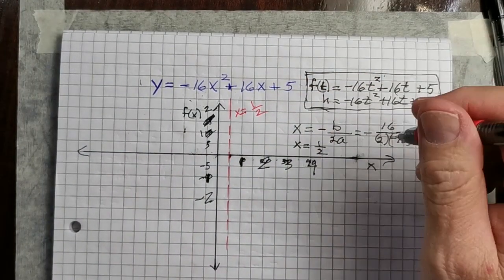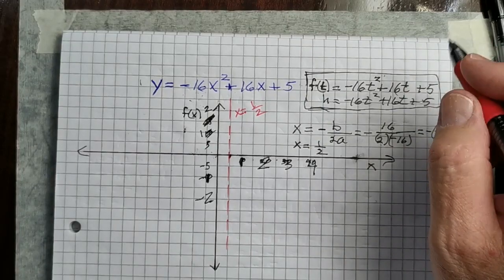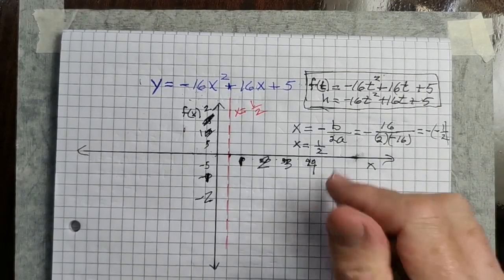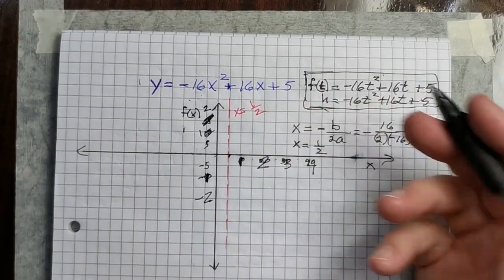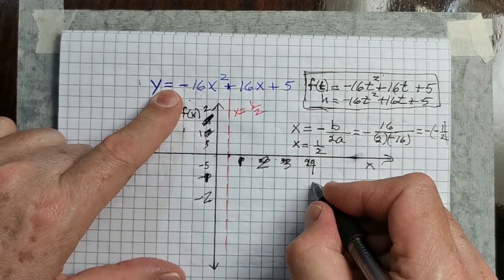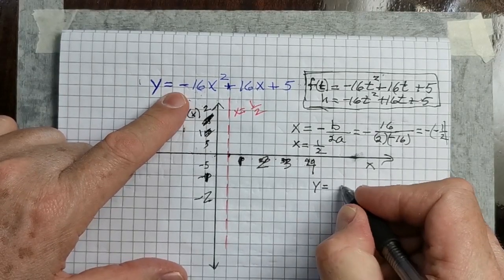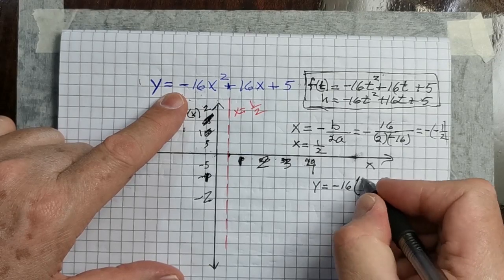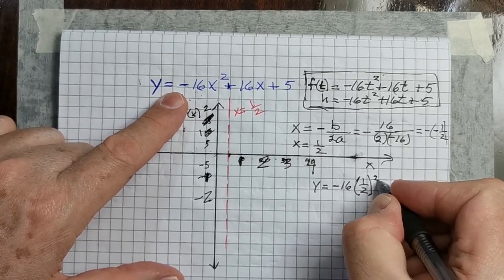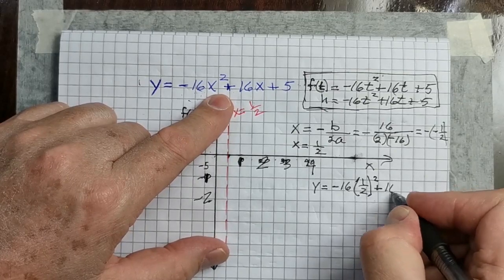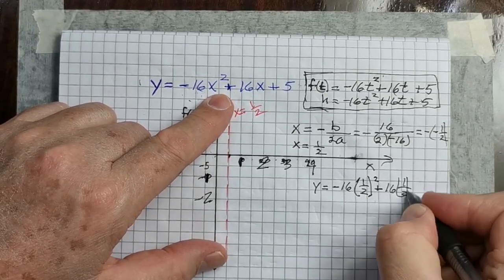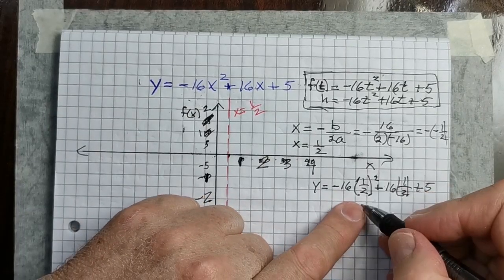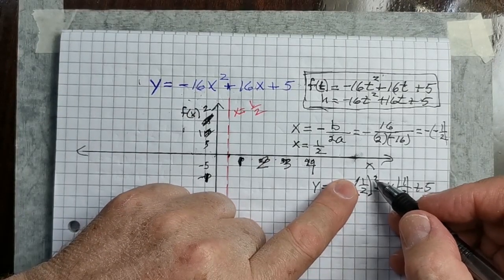So what do we get when we put x equals 1/2 into this equation? What do we get out? So h, or y I should say, y equals what when I put in 1/2? Negative 16 times 1/2 squared plus 16 times 1/2 plus 5. What's 1/2 squared? 1/2 times 1/2 is 1/4.